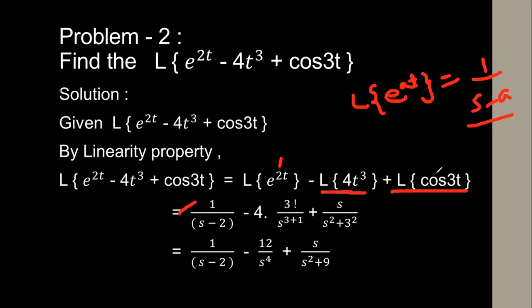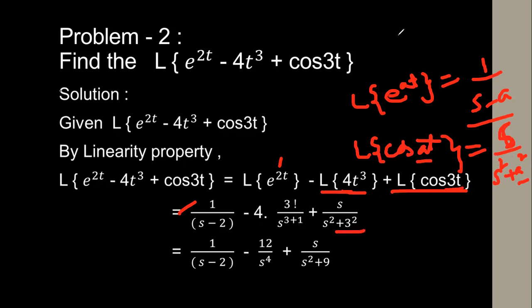Plus, what is the Laplace transform of cos 3t? It is of the form cos at. The Laplace transform of cos at is s by s square plus a square. In place of a, we have the value 3, so you can write it as s by s square plus 3 square.